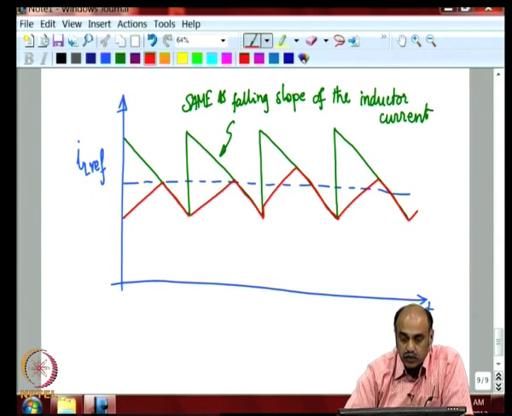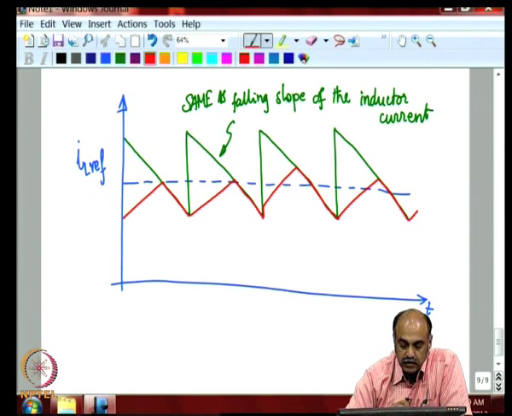So, whatever may be the duty cycle, this will be a stable solution and the disturbance is rejected within a cycle. This is a disturbance, perturbance.